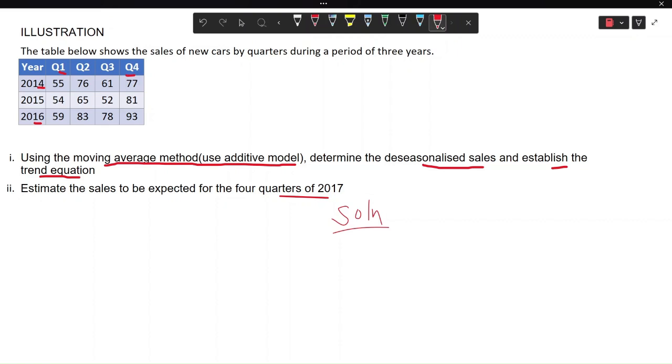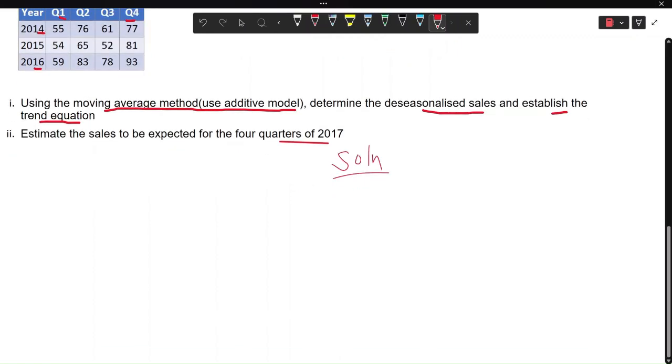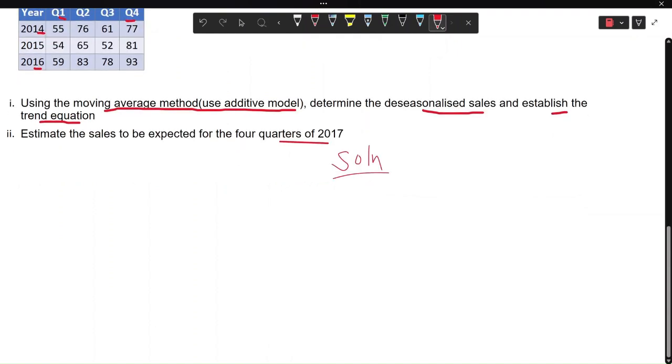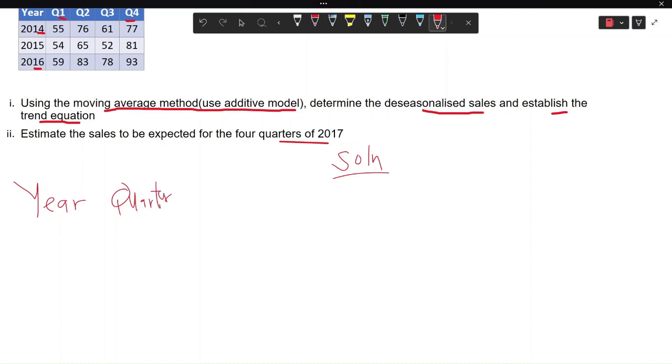So now let's solve this question. We are going to use the ratio, the moving average method. So now we have the year, we have the quarters, then we have the y value, that's the sales. The sales is the actual y values.